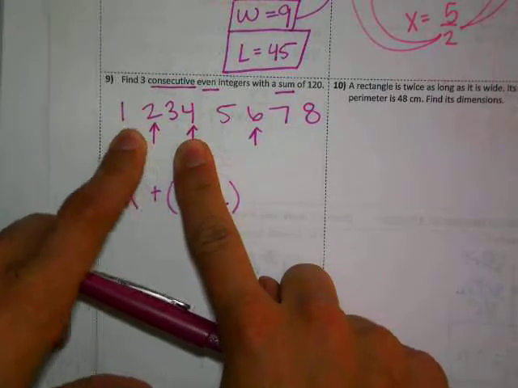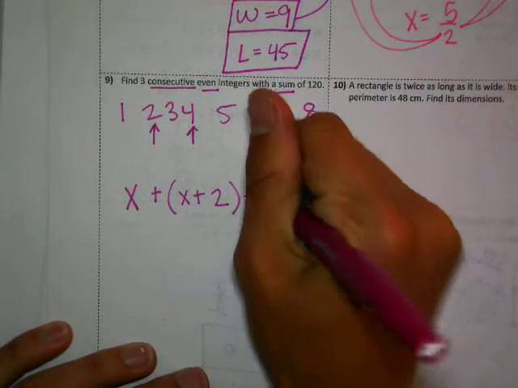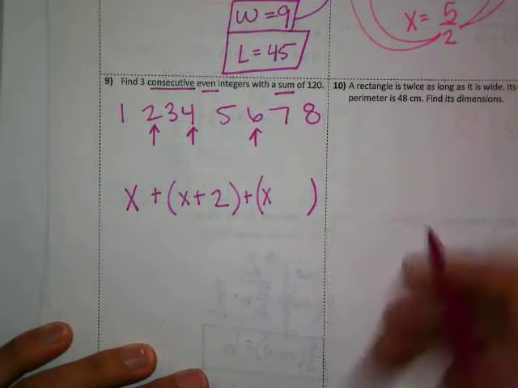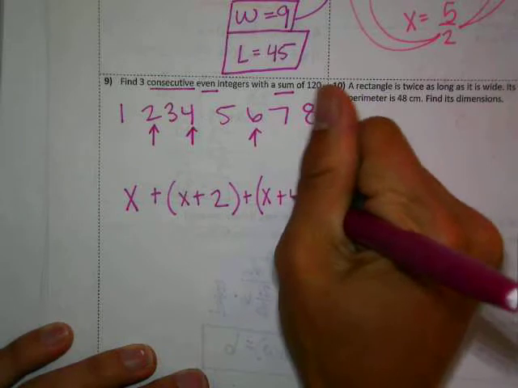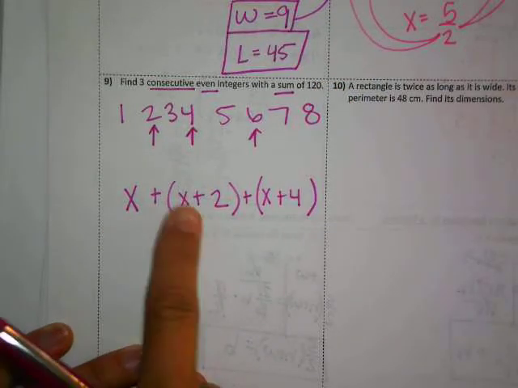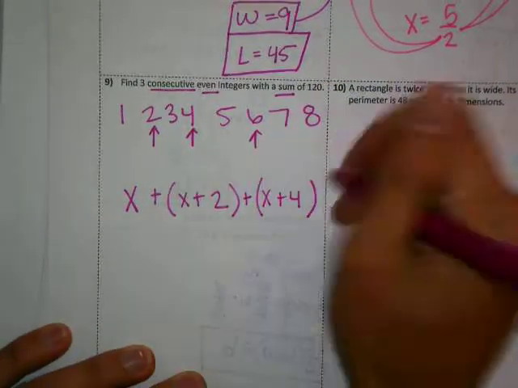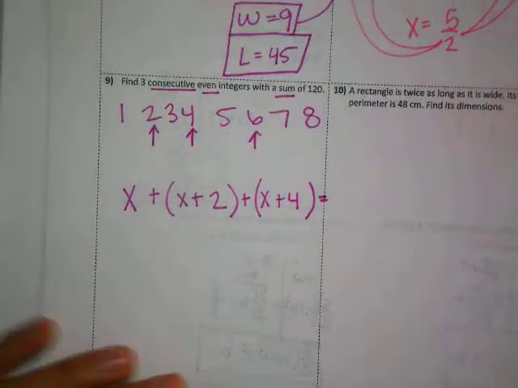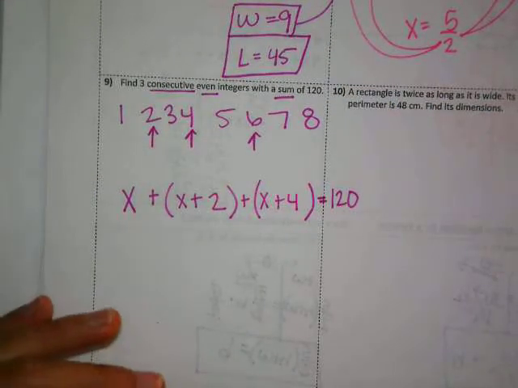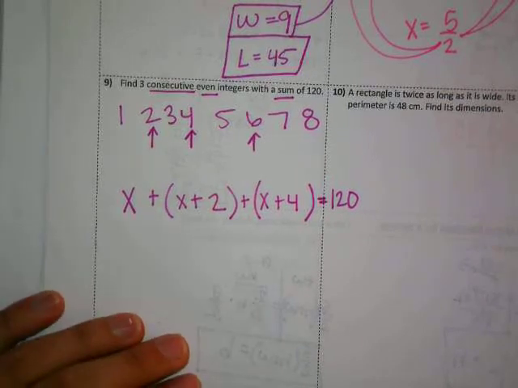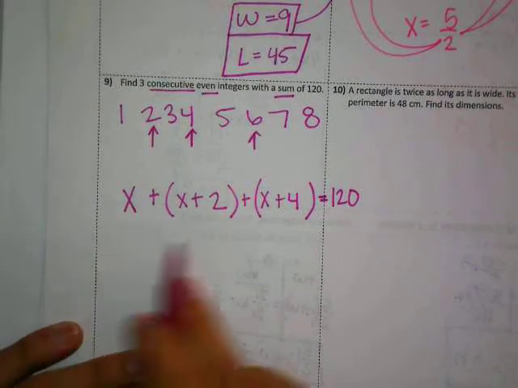Does that make sense? Okay, my third even number. How many more is my third even number? 4. So this is the first even number, this is the second one, this is the third one, and it's going to equal what? 120. And because we never use nsolve in here, we get to solve this out. Combine your x's.